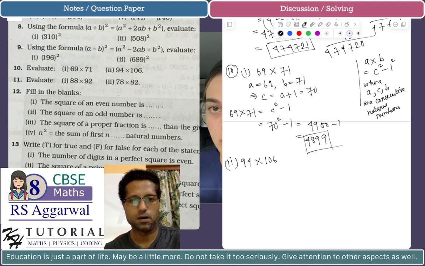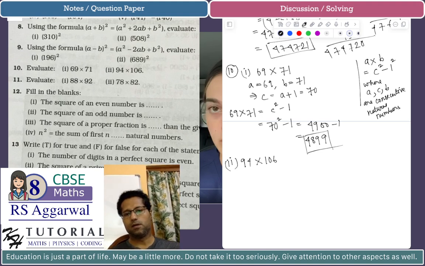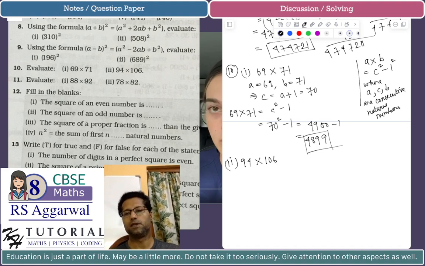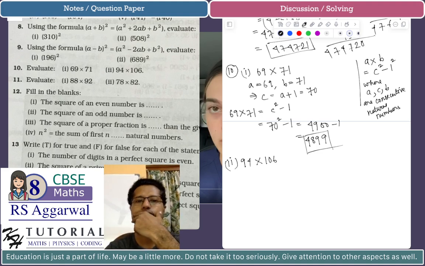We can see that 94 and 106 are not consecutive even integers. What to do? 94 into 106. 94, 96, 98.